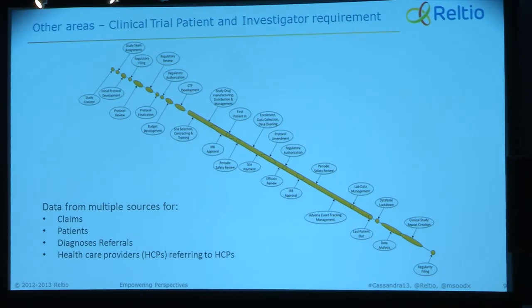We're also doing similar kind of work in the clinical trial space, where the nature of the problem is very similar, but the different kind of stages that a pharmaceutical company has to go through in terms of drug development are different.